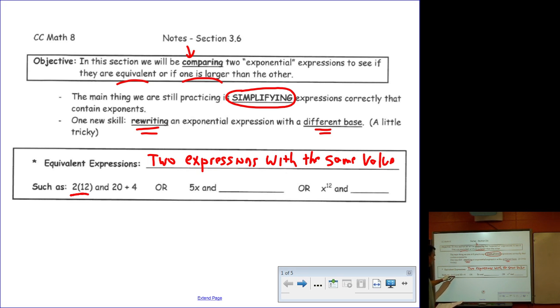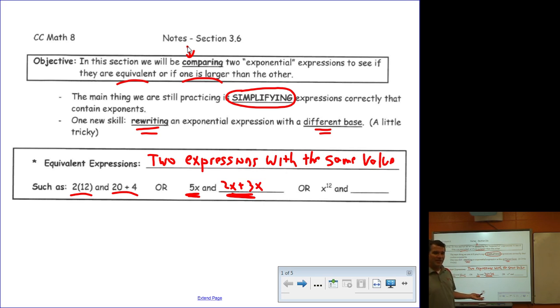Such as 2 times 12 and 20 plus 4. Those would be equivalent expressions. They both equal 24. Or we could have some variables, 5x and 2x plus 3x.